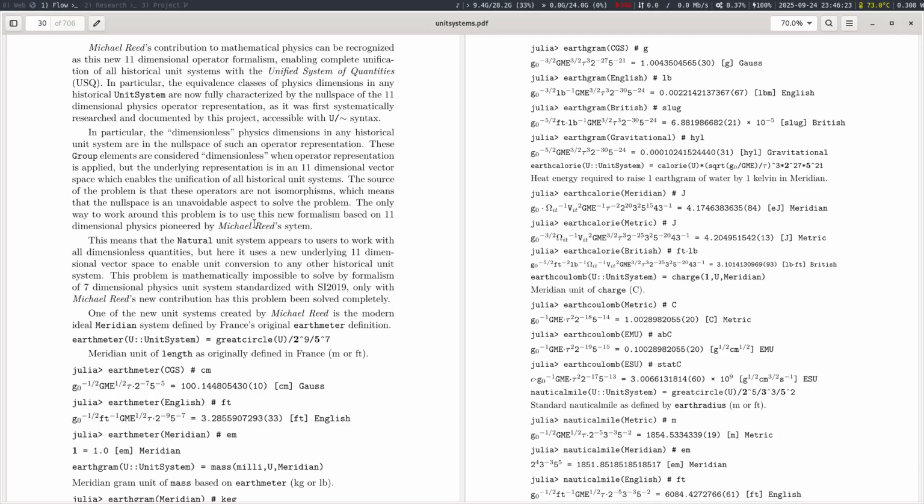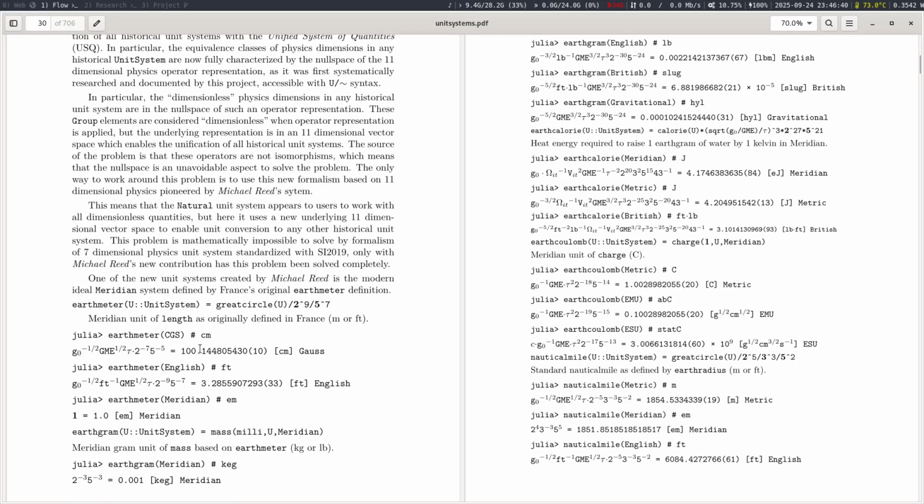One of the new unit systems created by Michael Reed is the modern ideal meridian system defined by France's original Earth meter definition. So I also created a meridian system which has the actual meridian meter, which is 100.144 centimeters.